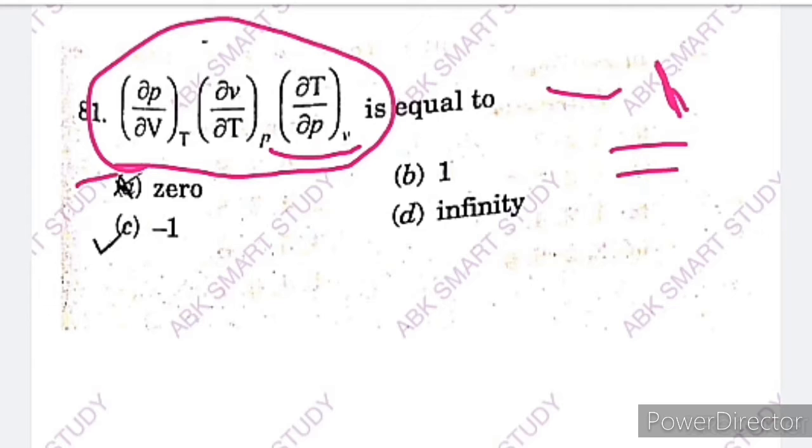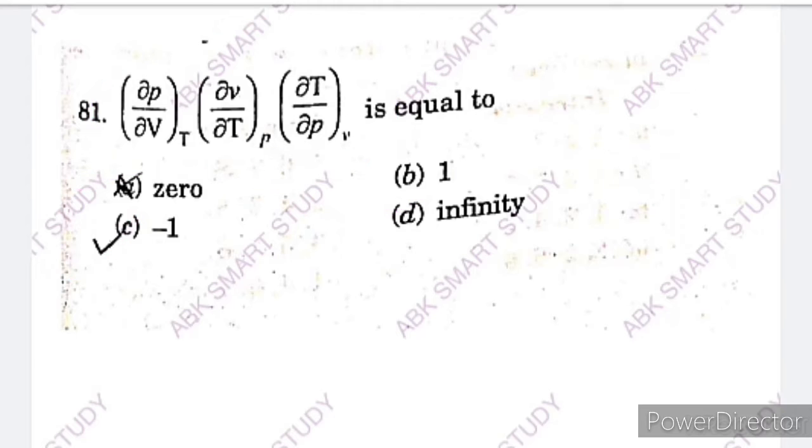Options are given 0, 1, -1 and infinity. So for the cyclic relation its value is always equal to -1, and it is given in option C. So C is the correct answer for this question.